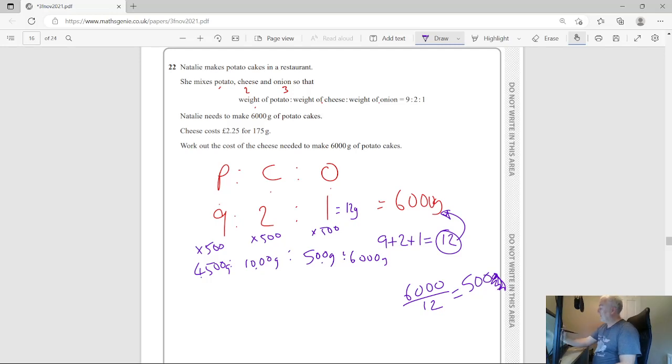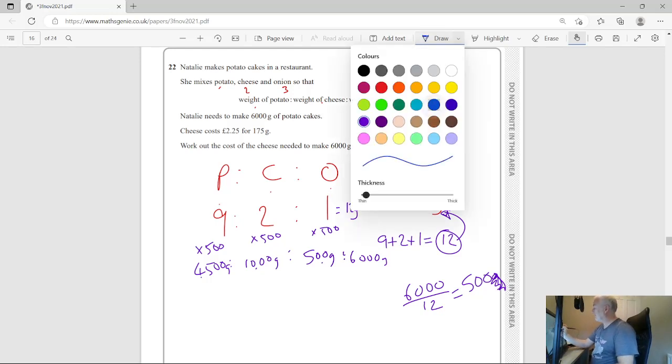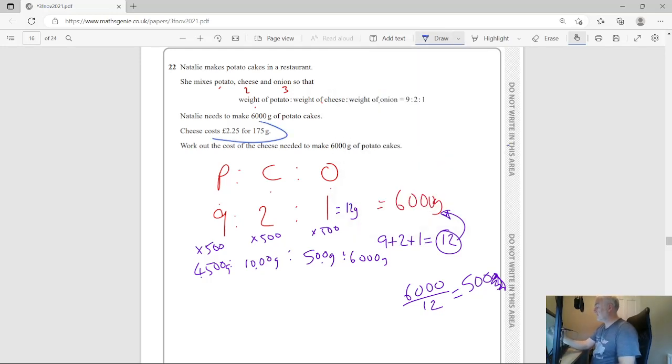Okay, then we're going to come back up to the part of the question where it says cheese costs £2.25 per 175 grams. So we've got 1,000 grams of cheese, and 175 grams equals £2.25.